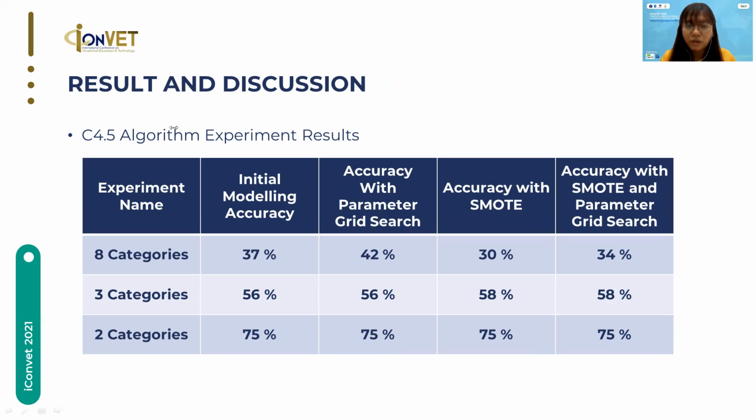We can see that reducing the number of classification classes can increase the accuracy of the model significantly, with the highest accuracy achieved being 75% in the experiment with two categories of field of work target classes. We can also see that the search for the best hyperparameters can produce a model with better accuracy, especially in the experiment of 8 target class categories.